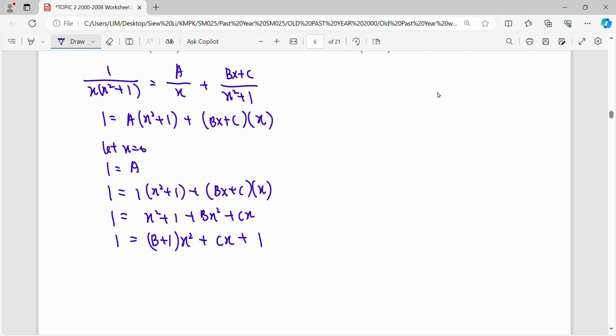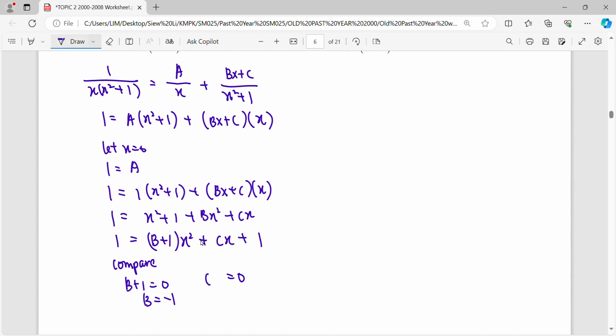Therefore, by comparison, b plus 1 has to become 0, so b equals to negative 1. cx also needs to become 0, so c is 0.